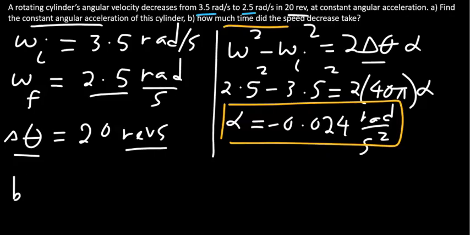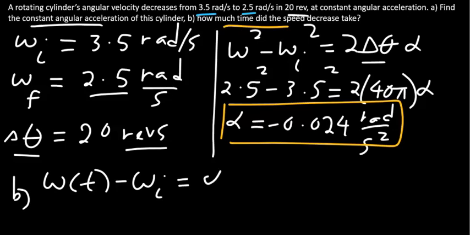To do part B, we can use the first rotational kinematics equation that says omega at time t minus the initial omega equals angular acceleration times time. Now we know the final angular velocity is 2.5 radian per second. The initial is 3.5 radian per second.